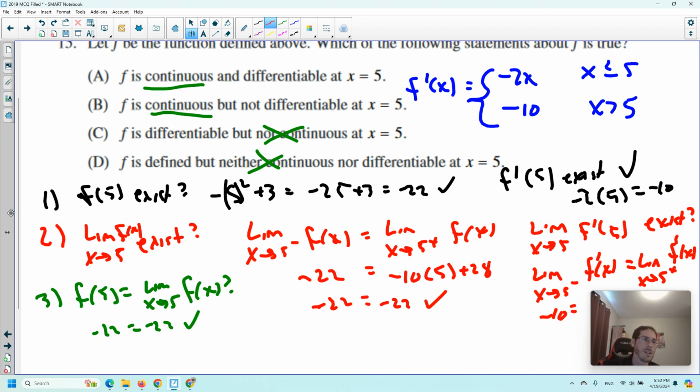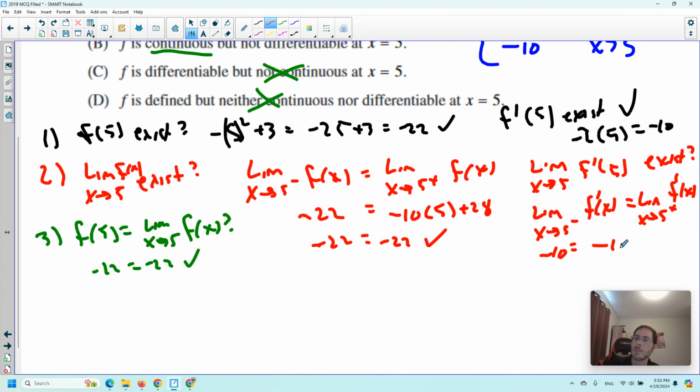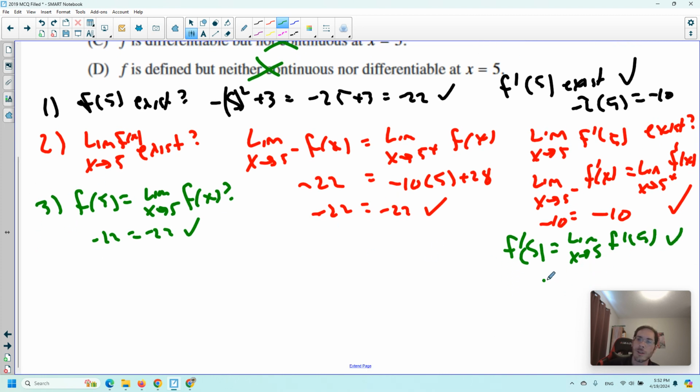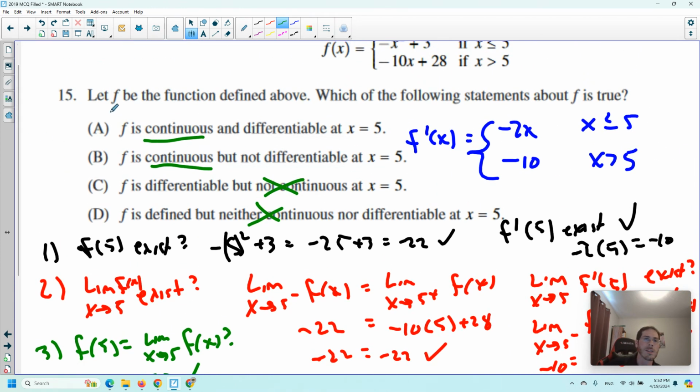This is always negative 10. Looks like I'm in the way. There we go. So yes, we pass rule 2, and then rule 3. Does f prime of 5 equal the limit as x approaches 5 of f prime of x? And that is also a yes, because we got negative 10 equals negative 10. So it is continuous and differentiable at x equals 5. Passes all 3 rules twice. That's another long problem.